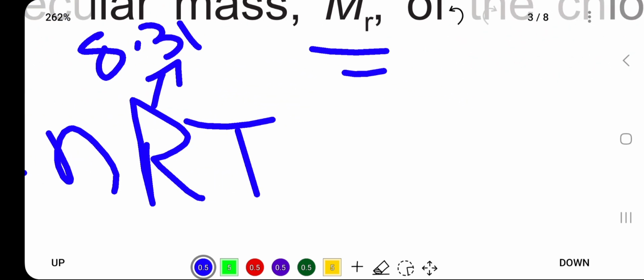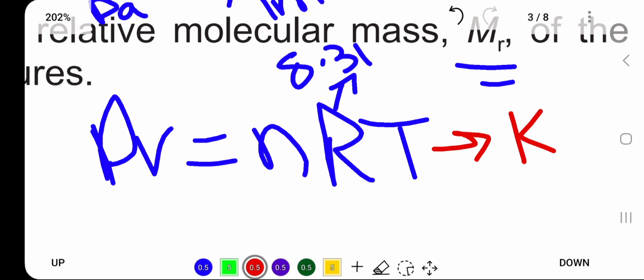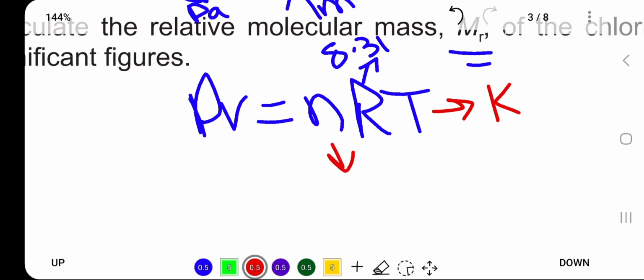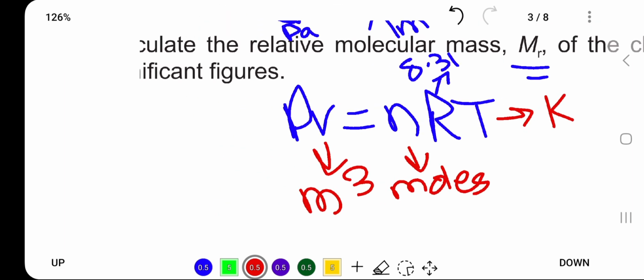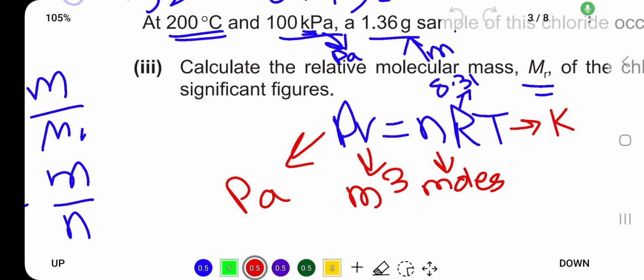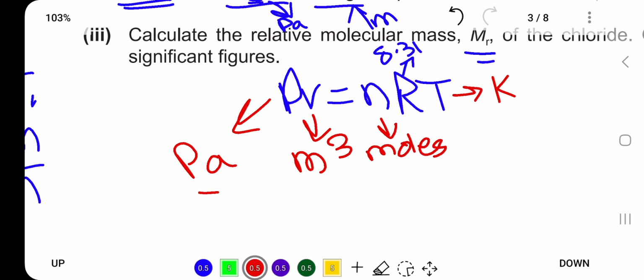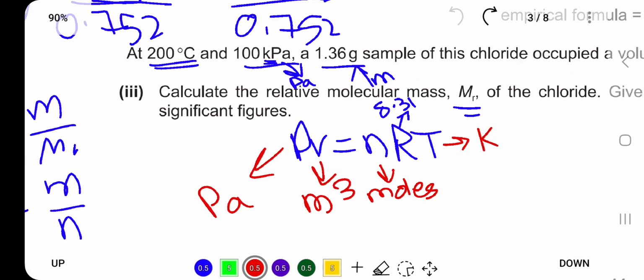And the very important thing I wanted you to know, the temperature here should always be in K, and n is in moles, we know this. V in meter cubed, which is very important. Pressure in pascals.